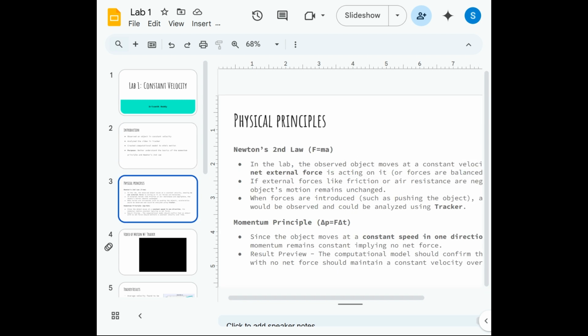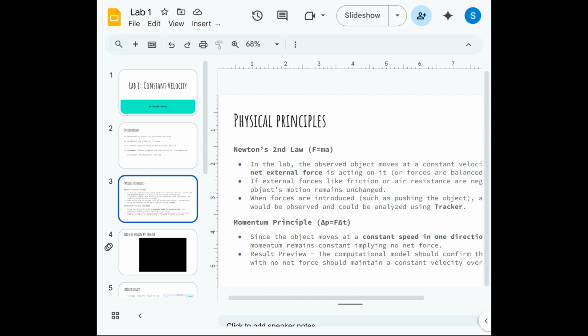For physical principles, the main ones that we used were Newton's second law and the momentum principle. Newton's second law states that force equals mass times acceleration. But because we're observing constant velocity, we assume that acceleration is zero. Therefore, F net, or the total net force, is zero in the x direction.